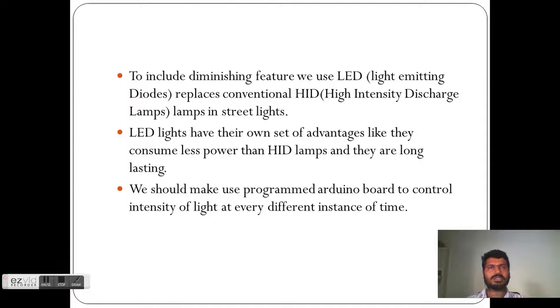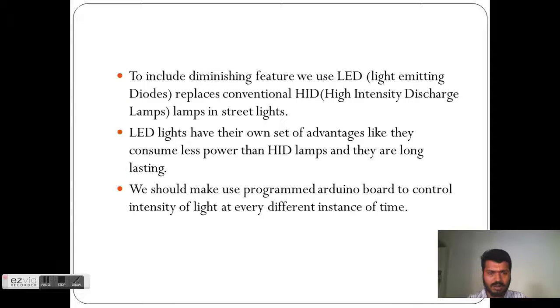And here, instead of using the regular HID, that is high intensity discharge lamps, we use LEDs, light emitting diodes. Why? Compared to HID, LEDs consume less power and their life is also longer.